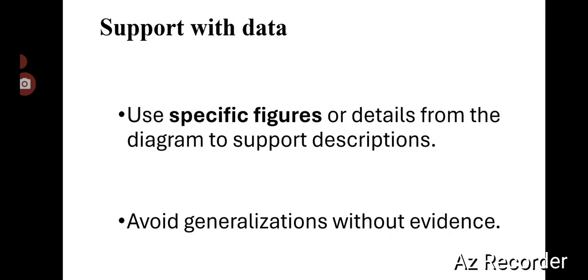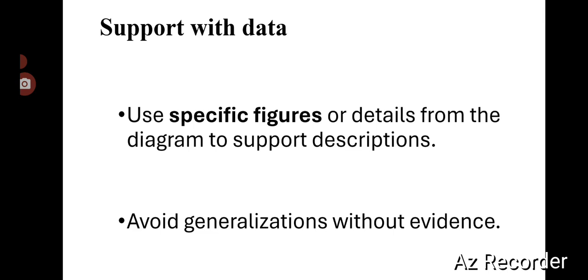Support with data, and this is where you are supposed to write your body. In the body, you are supposed to give evidence of whatever you see. This is where you support with data. This is where you give details of whatever you see in the diagram. The overview, you don't give details, but when it comes to the body, you give details. Use specific figures or details from the diagram to support descriptions.